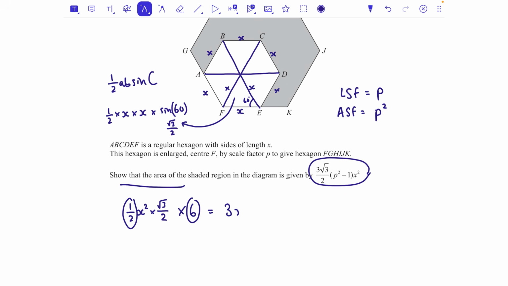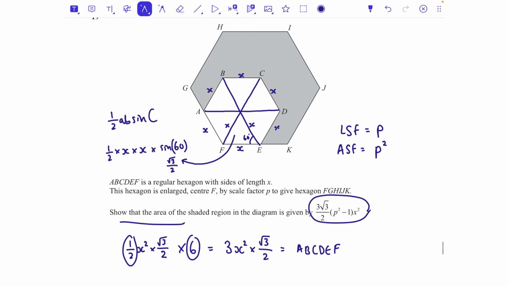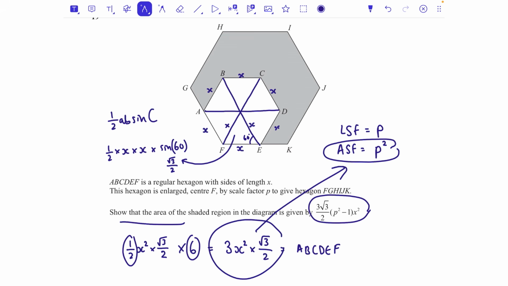So that's 3x squared times root 3 over 2. Okay, that is the area of the hexagon ABCDEF. That's that regular hexagon. Now, if I want the area of the bigger shape, I know I can take that here and times it by p squared. That would get me to the bigger one.